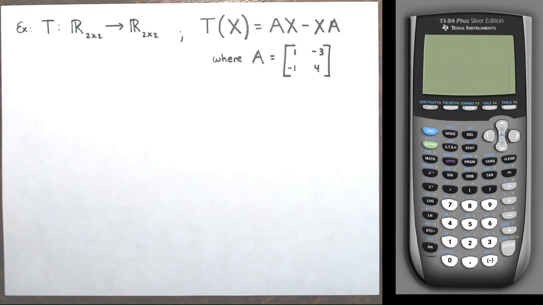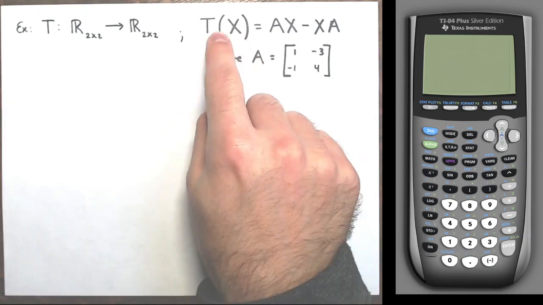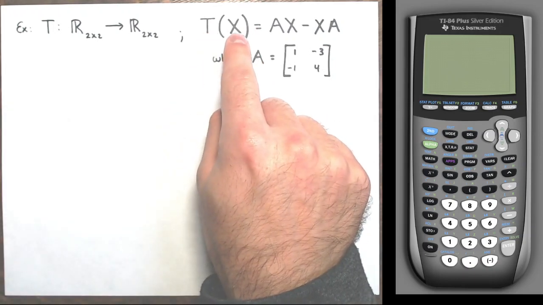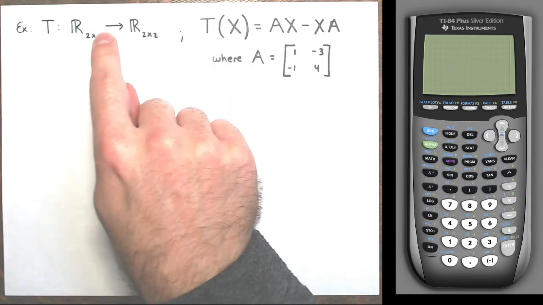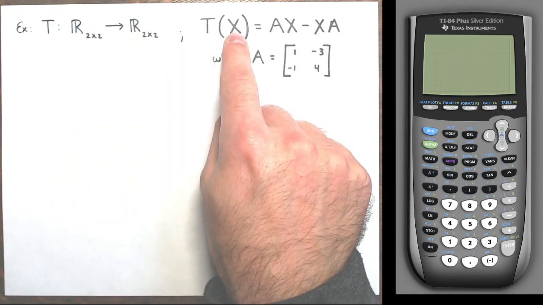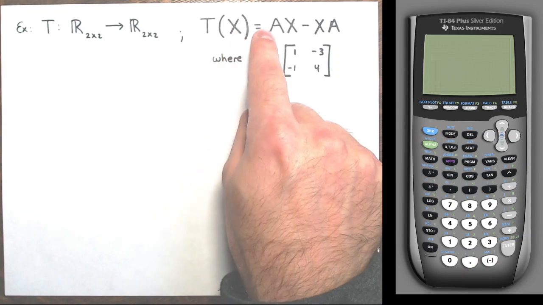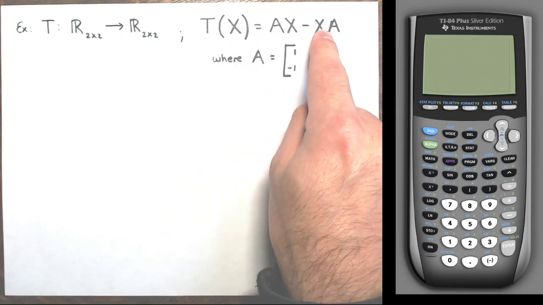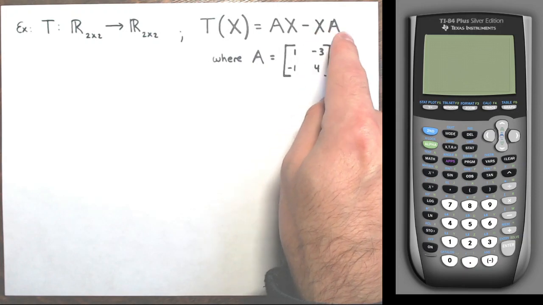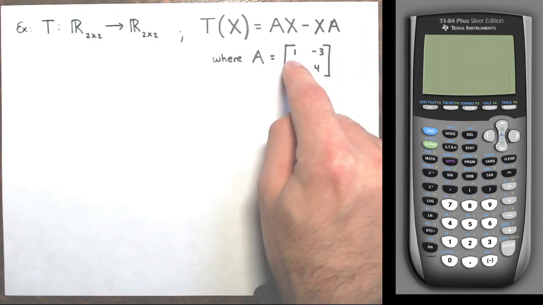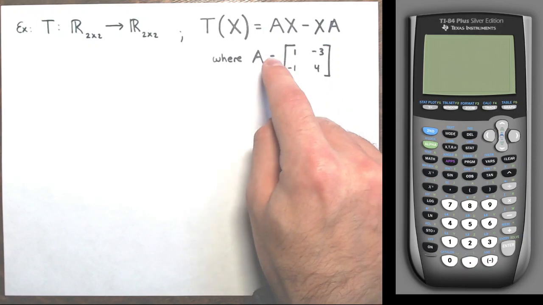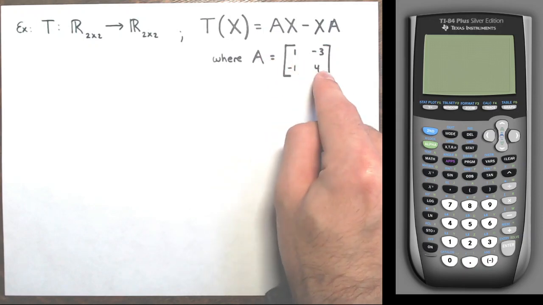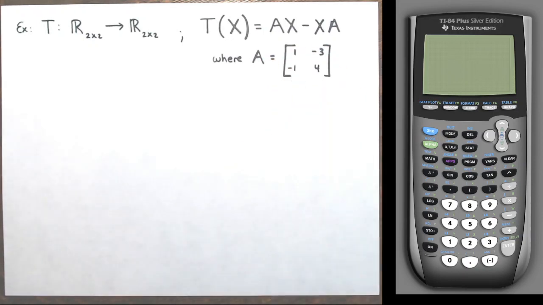Remember, the rule here is T takes X, my input, which is a 2x2 matrix. The output is some matrix A times X minus the input X times matrix A, where A is this fixed matrix here. A is always this 1, negative 3, negative 1, 4, this 2x2 matrix.